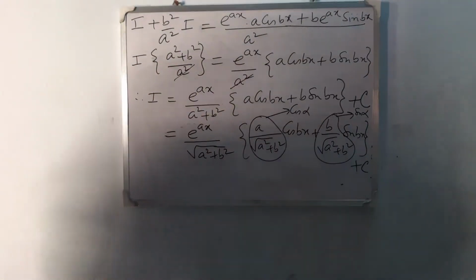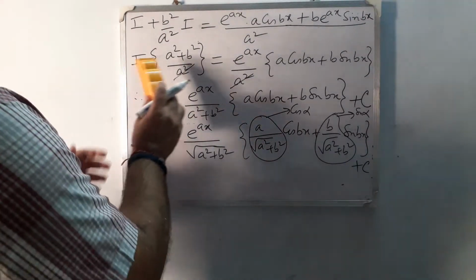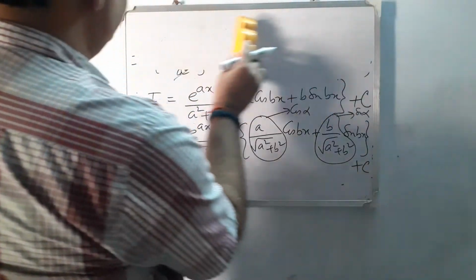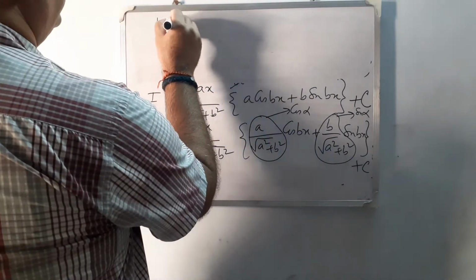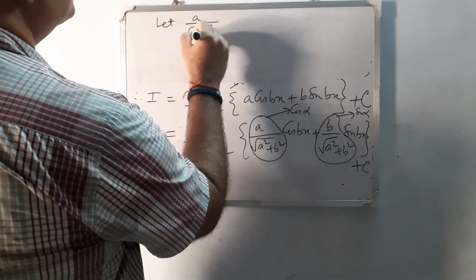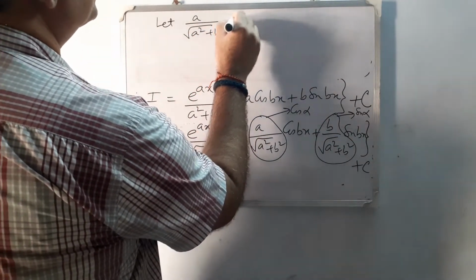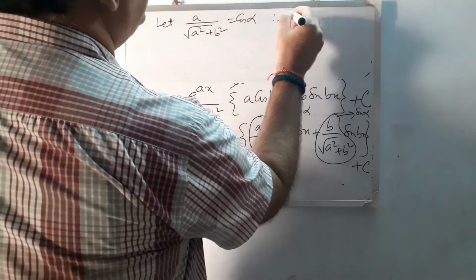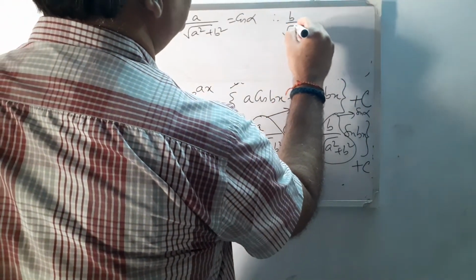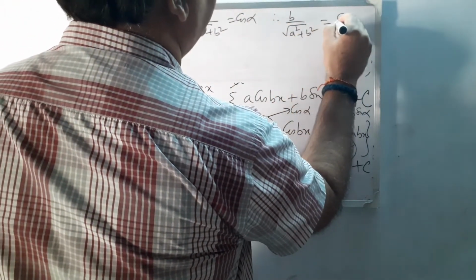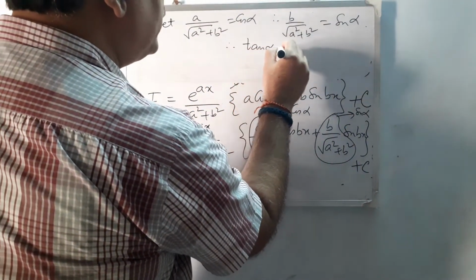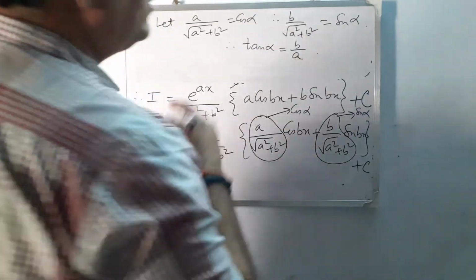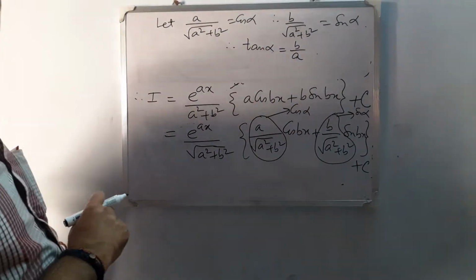Now, what happens? Here we can write, let a by root (a square plus b square) is equal to cos alpha. Therefore, b by root (a square plus b square) is equal to sin alpha. And therefore, tan alpha is equal to b by a, sin by cos, b by a.